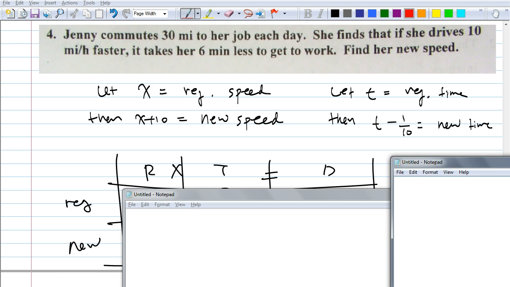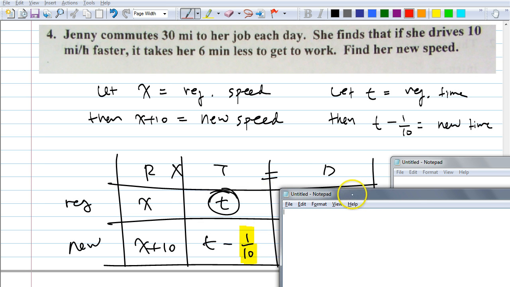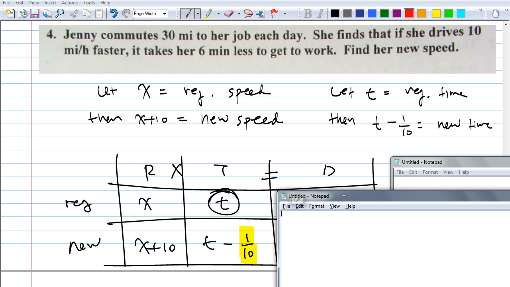So who could tell me the rate for the regular? X. What's the rate for the new? X plus 10. What is the time for the regular? T. Then what is the time for the new, Judy? T minus 1/10. What is our distance?